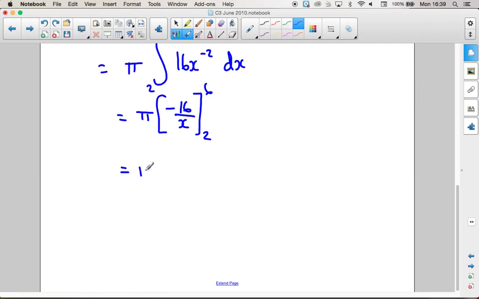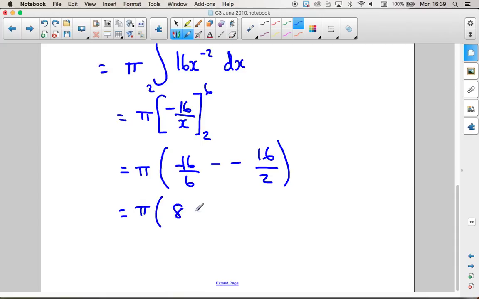So we're going to have pi times by minus 16 over 6 minus minus 16 over 2, which is 8 minus 8 thirds. And 8 minus 8 thirds is 16 pi over 3.